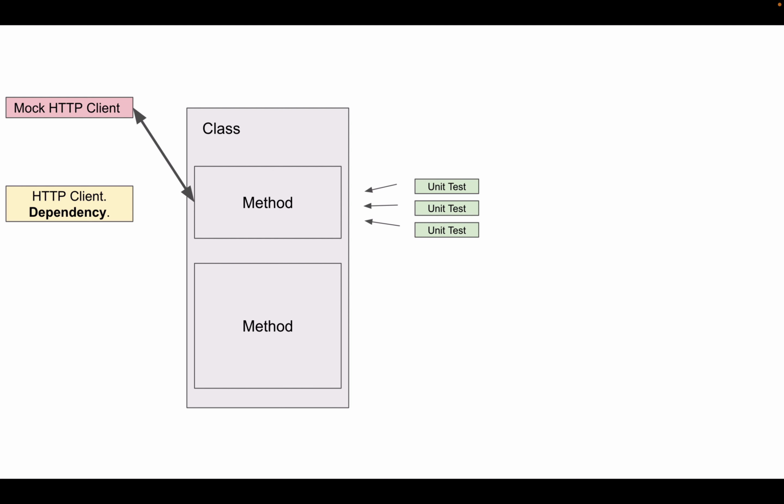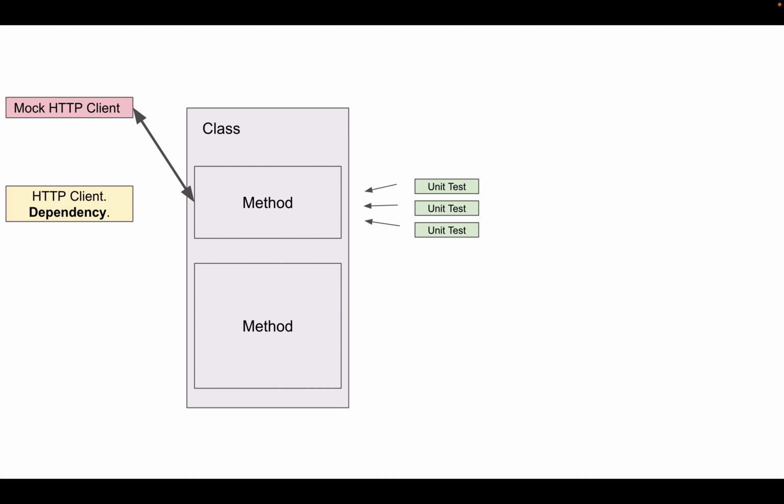If the method you are testing depends on another object, that dependency will need to be replaced with a mock object. And when all external dependencies are replaced with mock objects, with predefined behavior or with hard-coded values, then the method we are testing will work very fast and our unit test will also work very fast. And this is why, if needed, I can write more than one unit test to test a single method.